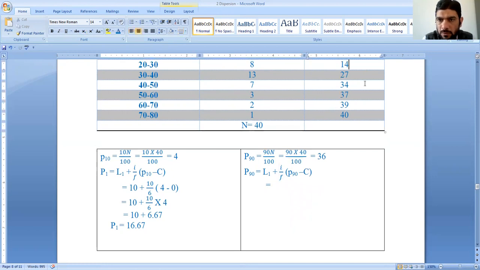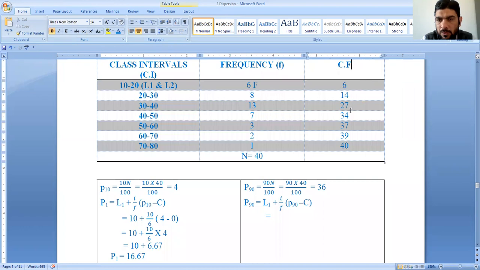36 lies in this CF in 37, and the preceding cumulative frequency is the C. The corresponding frequency will be 3 as F, and this interval will be the effective class interval with lower limit and upper limit, that is L1 and L2. 50 will be L1.